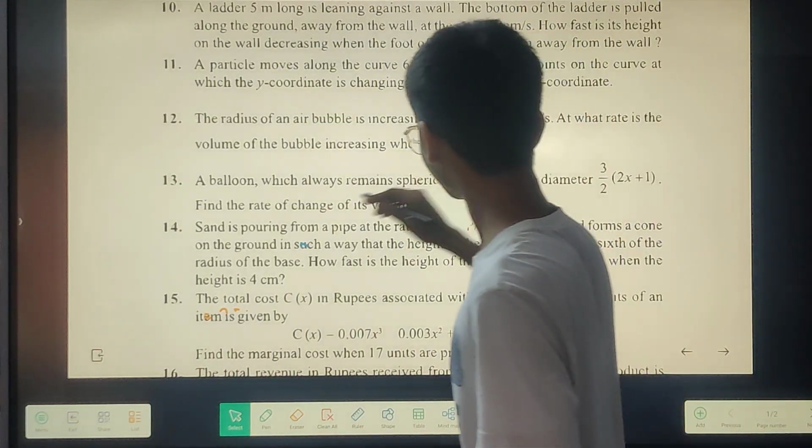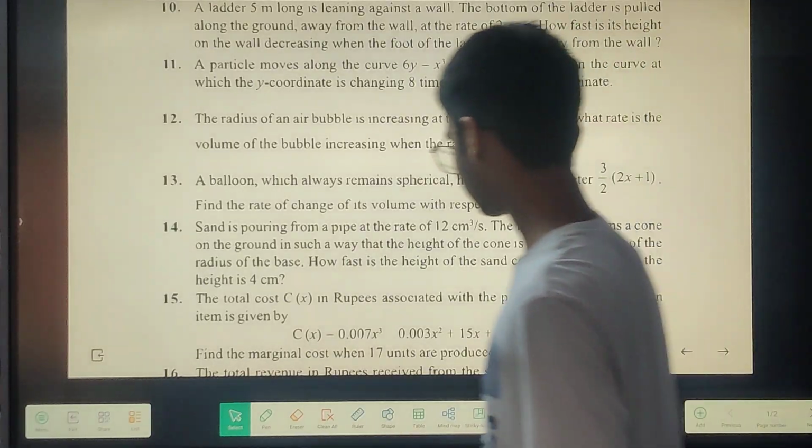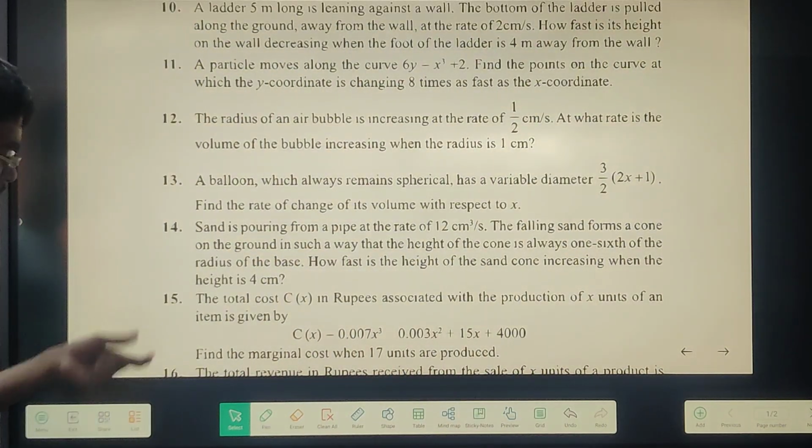Why am I having all these? Because I don't know how to use this board. So this is the sum that we are going to do.